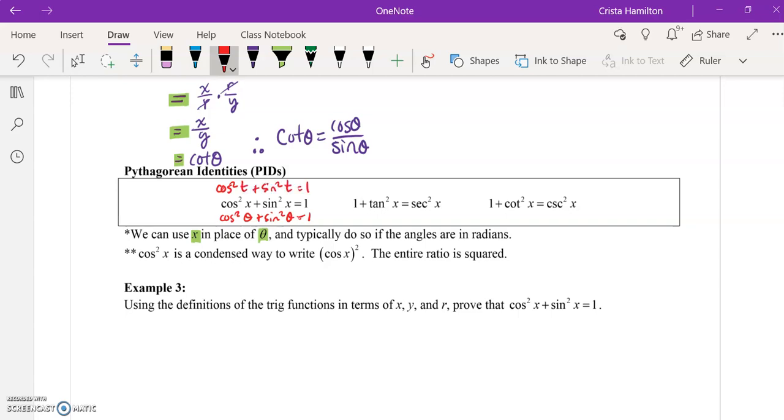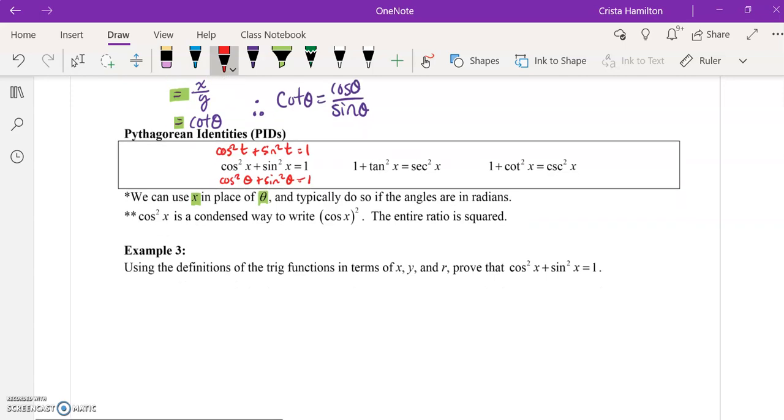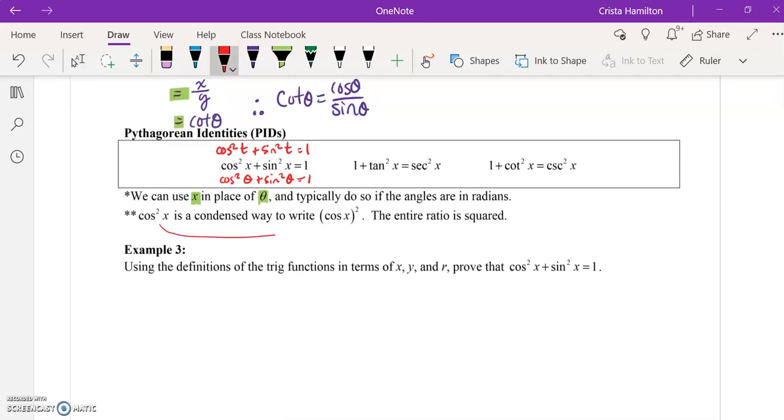The variable name itself doesn't matter; they're interchangeable. We also have a tendency, if the angles are in radians, to typically use x instead of theta, but that's not completely standard. All right, and then reminding you that cosine squared x is really taking the ratio for cosine of x and then squaring it, keeping that in mind.